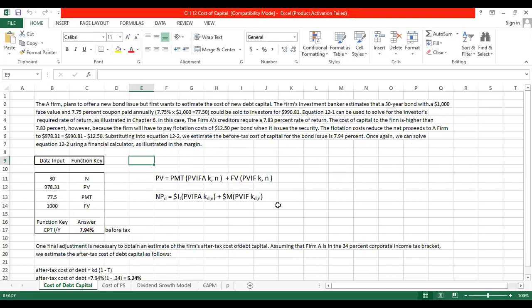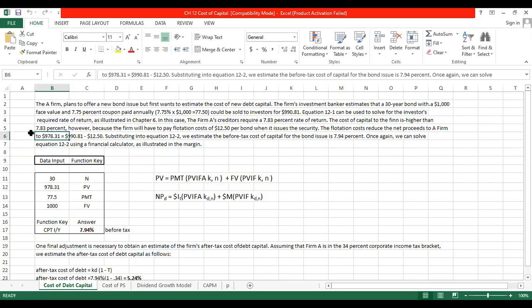This is how to calculate this, using the calculator. The number of periods is 30 years. Present value is coming from 990.81 minus 12.50, which is 978.31. This is your present value because you sell the bond. This is the money that you will get in the present.